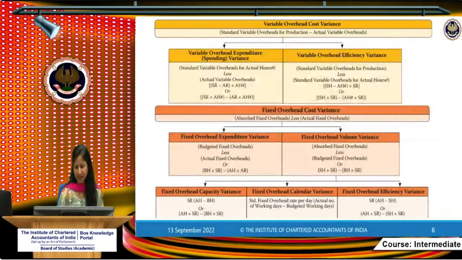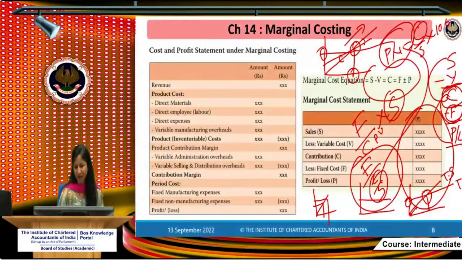Then sir has already covered marginal costing. The basic things you need to calculate are the break even units, or you may also need to calculate the break even sales figures. For that, the important first thing is the contribution per unit.